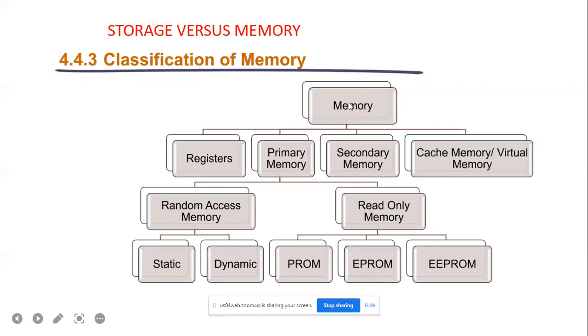Now this talks about storage. For the memory, it can be primary, secondary, cache memory or virtual registers. Your primary can be random access memory, RAM, or read-only memory, ROM. Your random access memory is further classified into static or dynamic. And your read-only memory is either PROM, EPROM, or EEPROM. So what is the difference between the two?